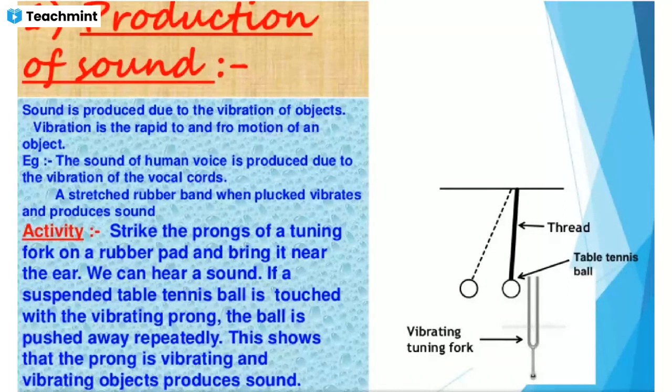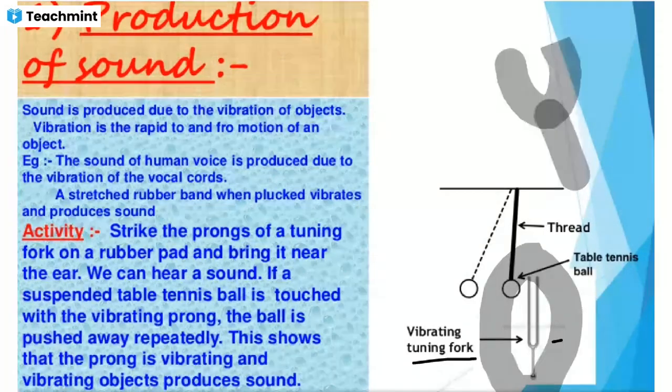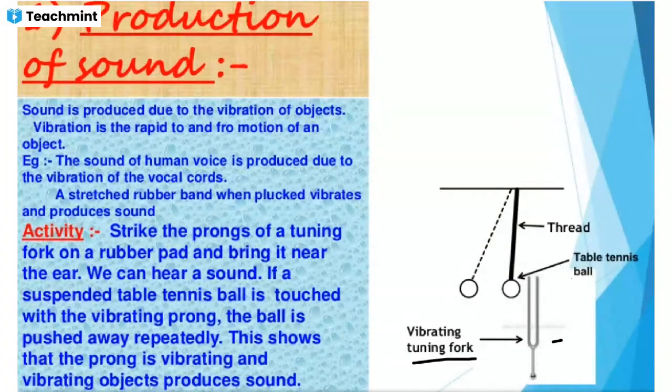So you can observe here, it is a tuning fork. This we call the tuning fork. You can see in the picture, that we call a tuning fork. And when you hit that tuning fork on a rubber cork, what happens?